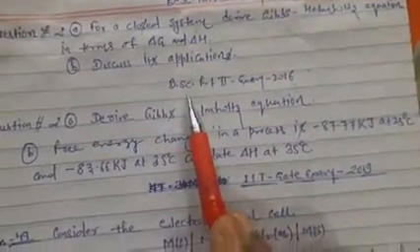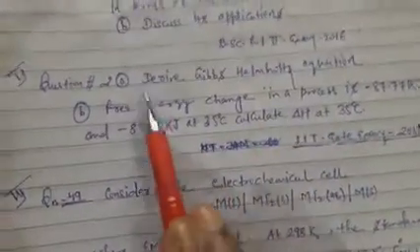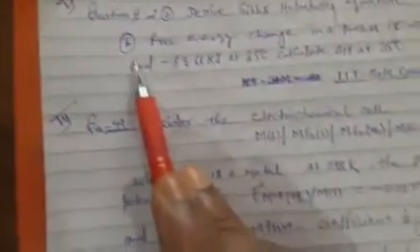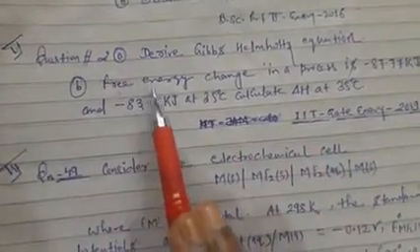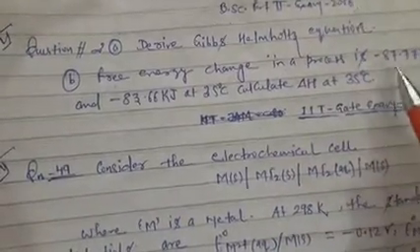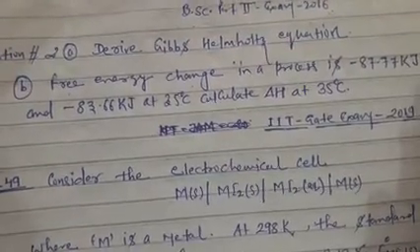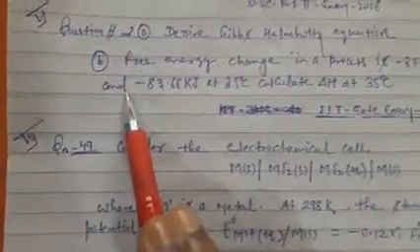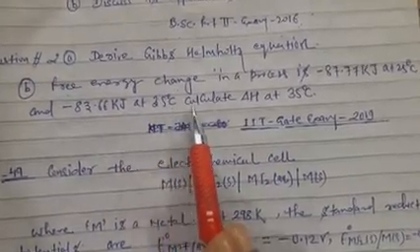Next, the second question is BSc Part 2nd exam 2016. That was derive Gibbs Helmholtz equation, and its B part is a numerical question in which free energy change in a process is minus 87.77 kilojoule at 25 degrees Celsius and minus 83.66 kilojoule at 35 degrees Celsius.